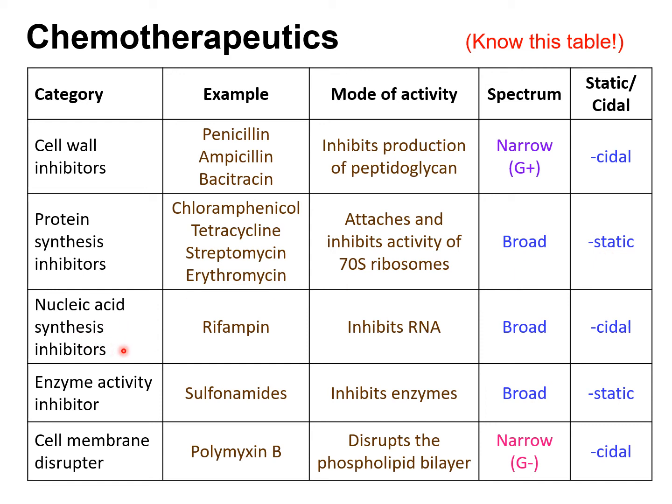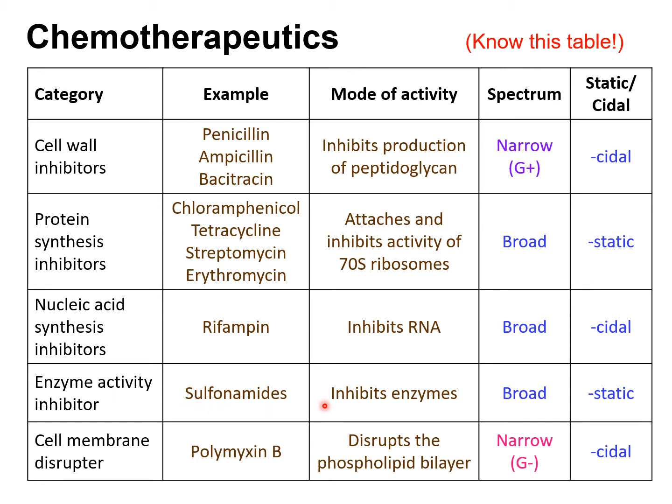The nucleic acid inhibitors, this antibiotic right here is going to basically inhibit the RNA polymerase from working, and so therefore it's going to block the DNA transcription from taking place. It is a broad spectrum antibiotic, and again, it's cidal, so it's going to kill the bacteria. Some of them inhibit the enzyme activities.